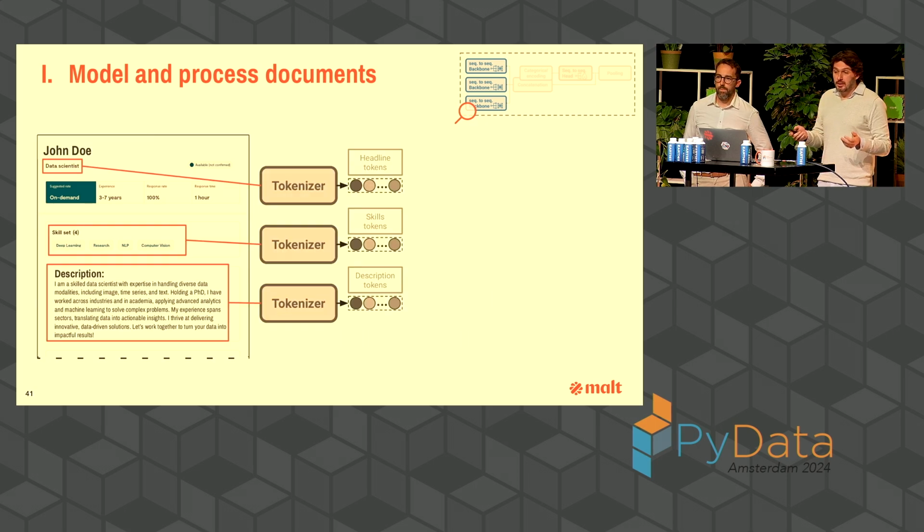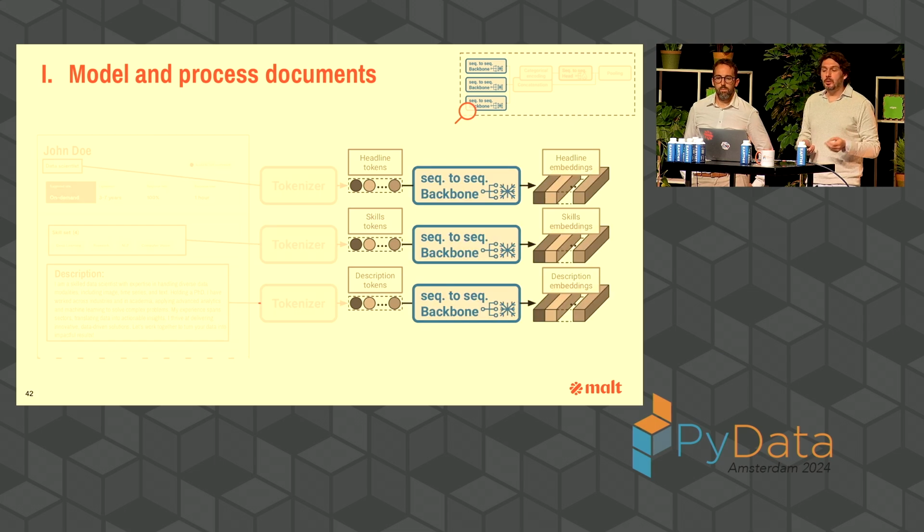What we actually did was process each section independently. First obtaining sequences of token IDs, and then processing those token IDs through the same backbone, we obtain one sequence of token embeddings per section.